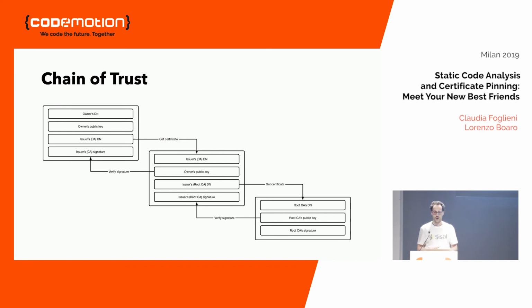It's also validated the signature by finding the public key of the next issuing CA or intermediate CA. The process continues until the root certificate is found.